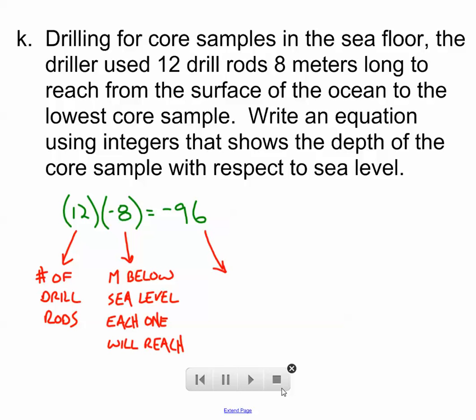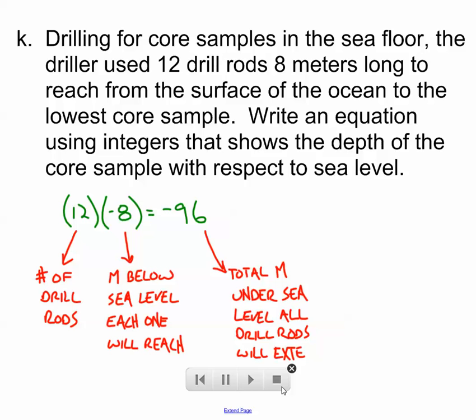And negative 96 is the total meters below sea level that all 12 drill rods will reach together. Okay, so there's an example of where we can use integers to express real-life situations.